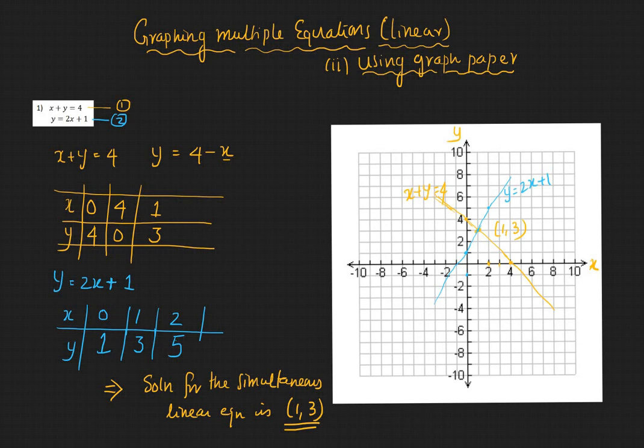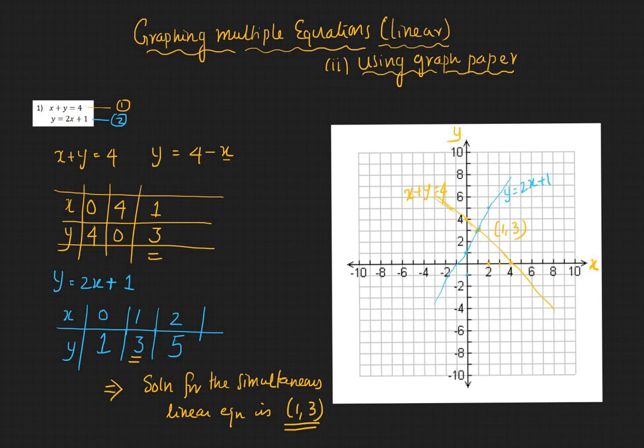You don't need to go back and check this because you have 1, 3 as a point which you already found out. But if the meeting point were something else, then you could go back and check on your equation. So that's how you do this.